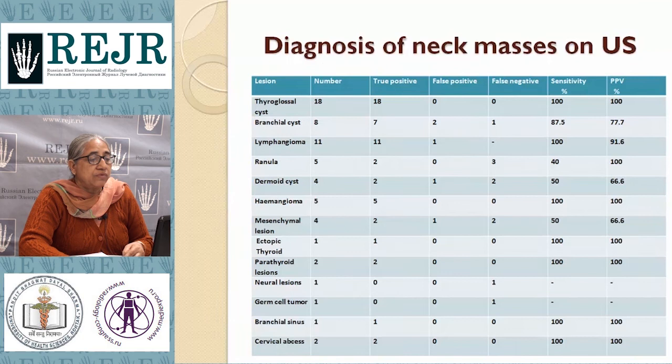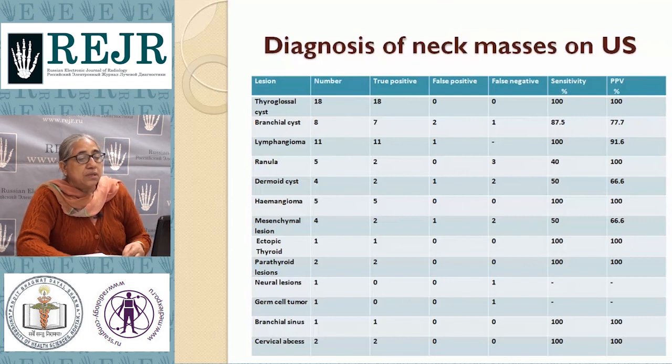The diagnosis of neck masses on ultrasound were as listed below. They are thyroglossal cyst, which were 18 number of patients, true positive in 18 with a sensitivity of 100% and positive predictive value of 100%.